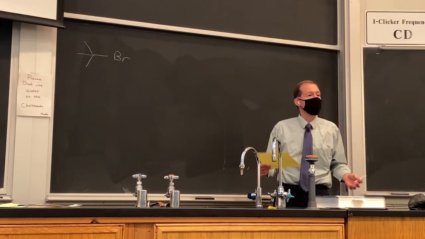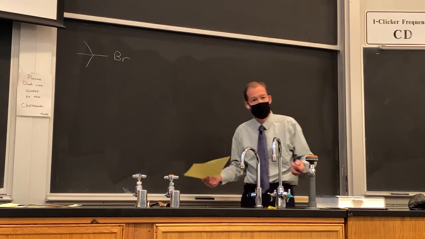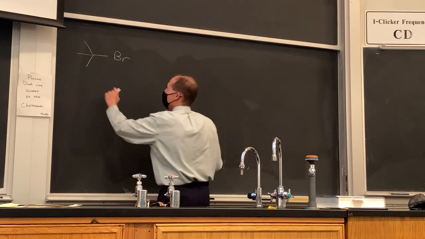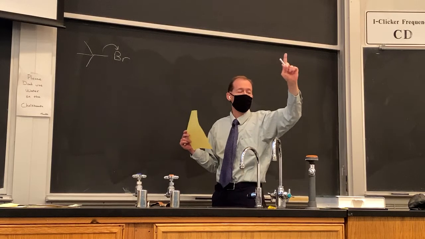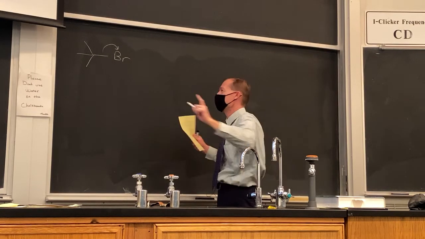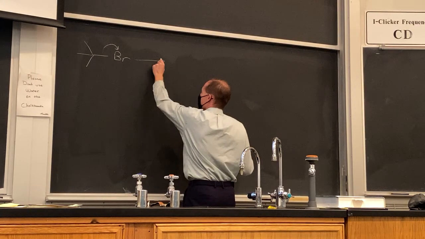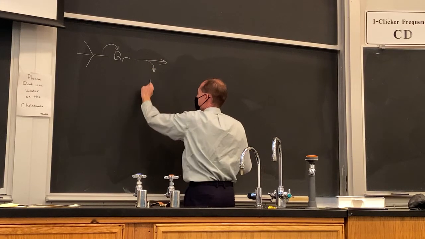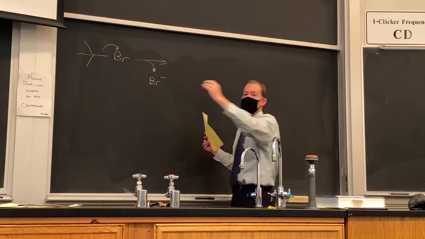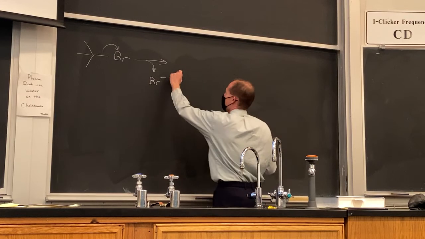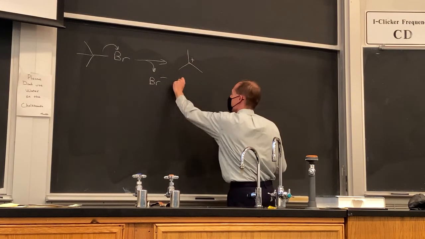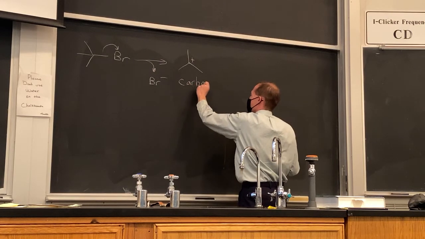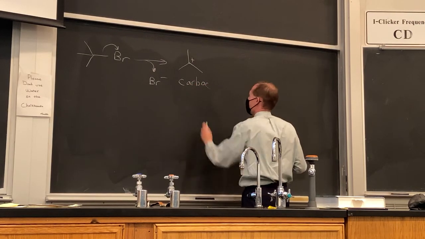Tertiary alkyl halides are the most common alkyl halides in SN1 reactions. And we know that the 1 stands for unimolecular. Only one of our two reactants is participating in the rate determining step. So we are breaking the bond between the carbon and the leaving group. In this case, it's a bromide. And that's generating a positively charged intermediate, which we call a carbocation.